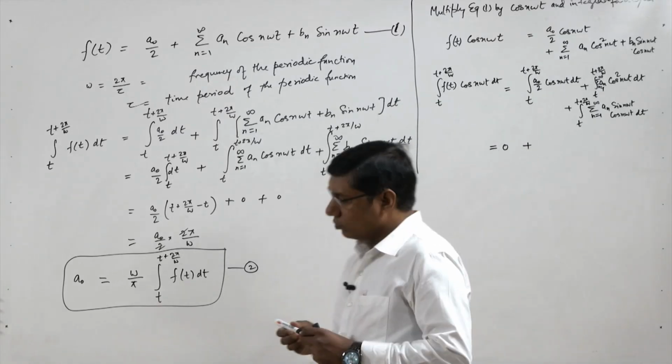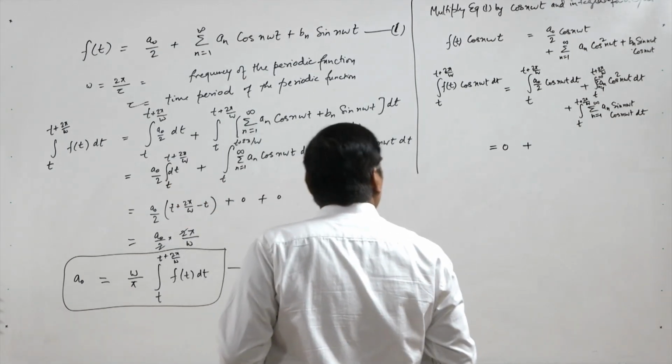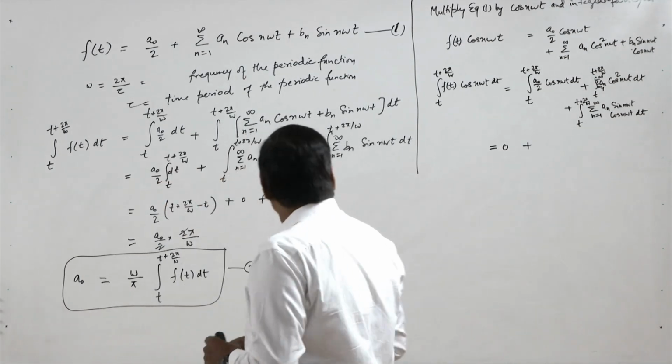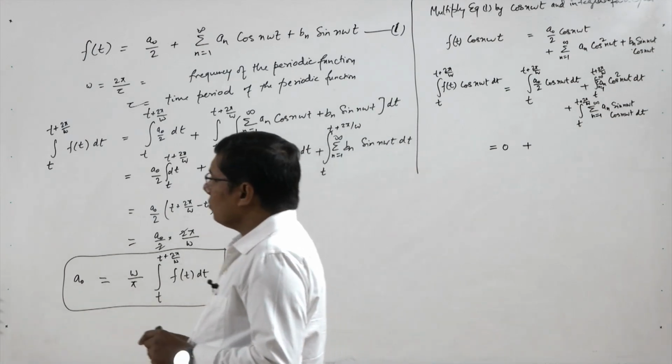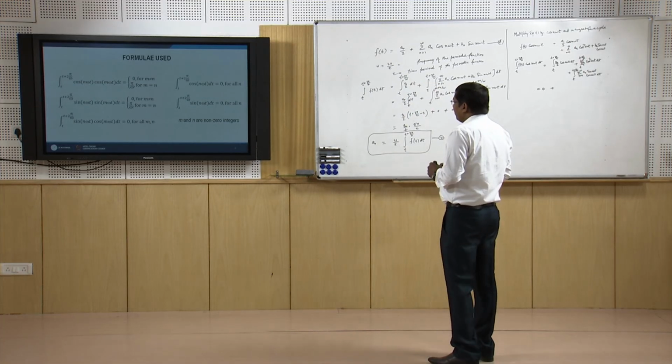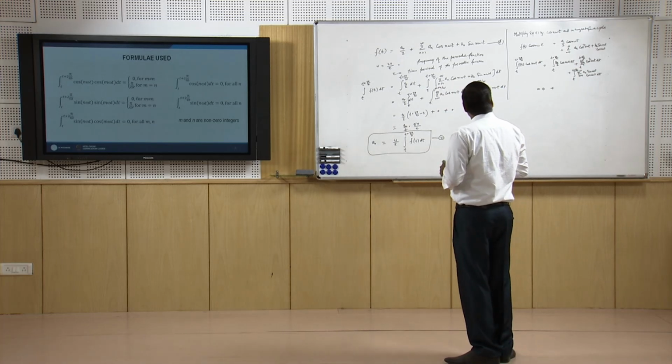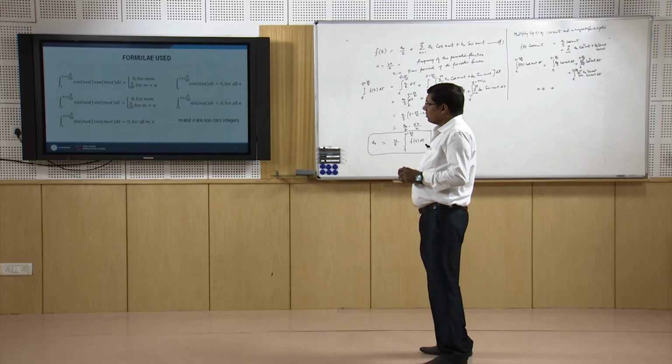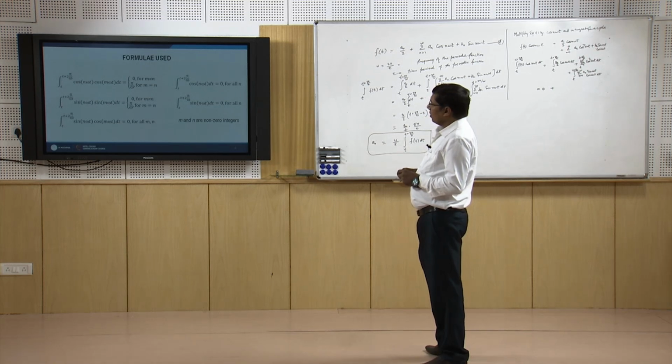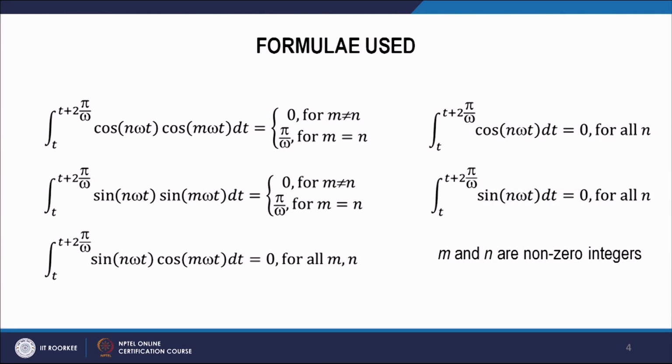Now we come to another integral, cos squared n omega t dt. The first expression says that the integral of cos n omega t cos m omega t dt for one cycle, t to t plus 2 pi by omega, equals 0 for m not equal to n and pi by omega for m equal to n.